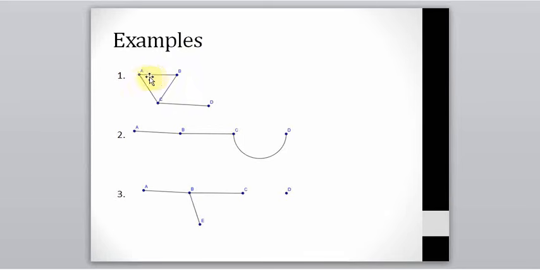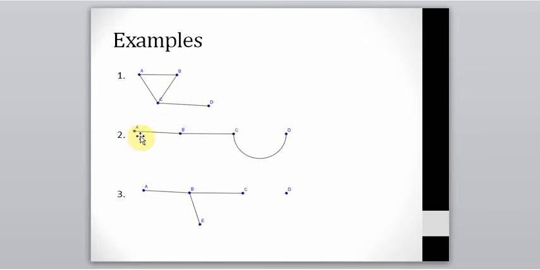If there is a line segment or a curve which connects 2 dots, that means there is a relationship between these 2 objects, just like A and B, A and C, B and C, C and D. But if there is no line segment or curve that connects them, that means they are not related, just like B and D. There is no edge connecting them.